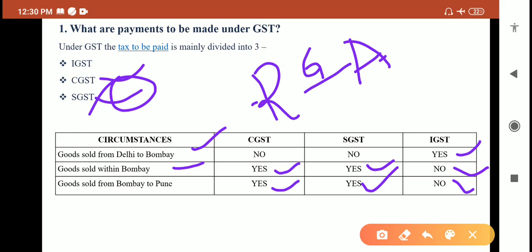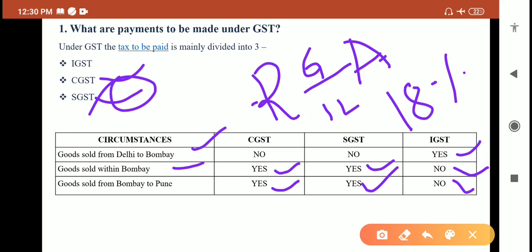The value of goods transacted is 1 lakh. Assume the GST applicable is 18%, and this comprises 18% IGST. Why? Because in this case, the dealer has to charge rupees 18,000 as IGST, because the transaction is interstate, and that IGST goes to the central government.